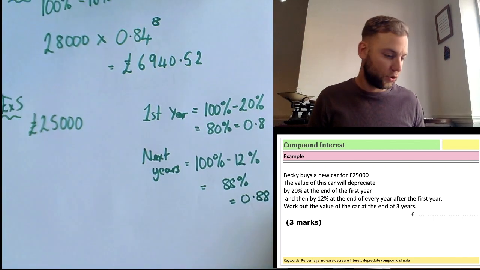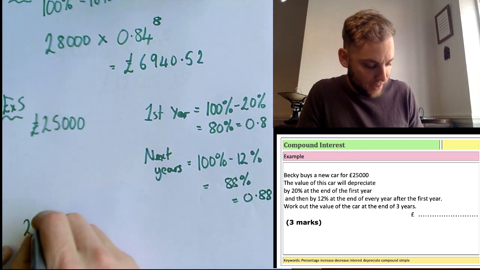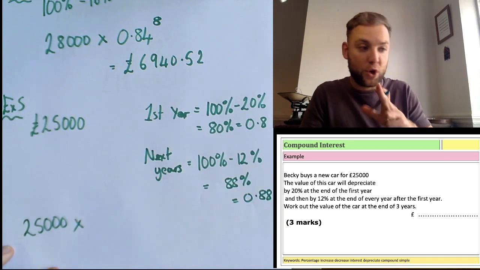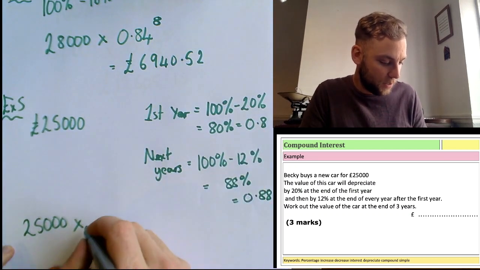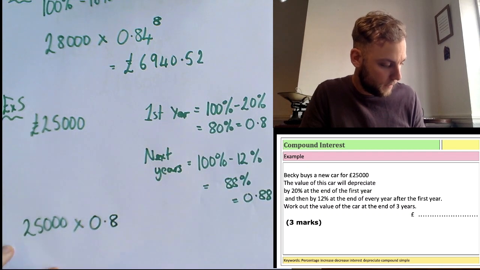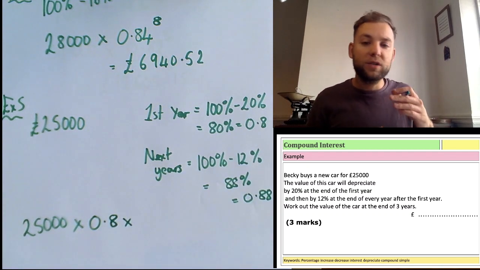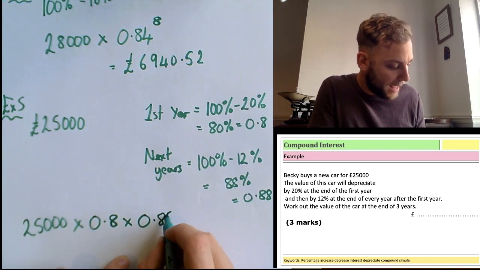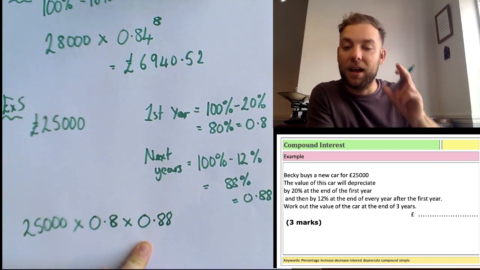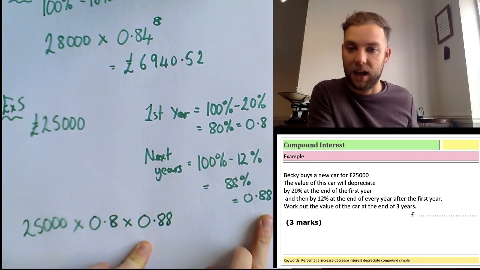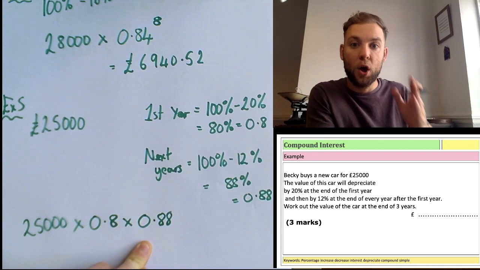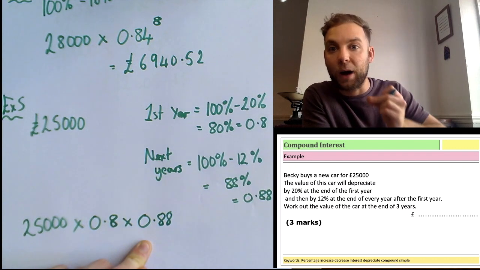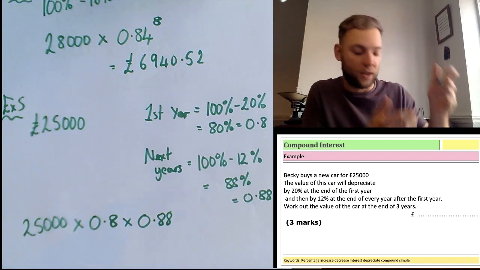Super. So it's going to be £25,000 times by my first year, which is a reduction of 20%, which is this one here, times by, now, because it wants it after the end of 3 years, I'm going to be timesing by 0.88, which is a reduction of 12% here. This is my multiplier for a reduction of 12%. But it's after the third year, so I need to do this to the power of 2, because I've got my first year and then 2 years to make 3.